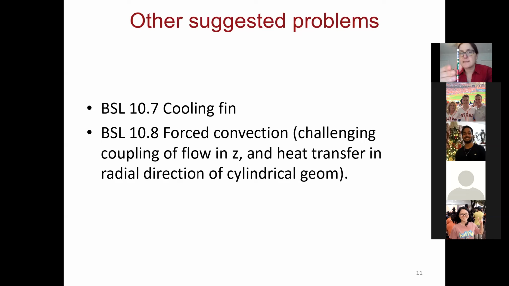So essentially, you will have radial influx of heat, which is in the radial direction, and your flow is in the Z direction. So your velocity is in the Z direction, and then you're going to get coupling in two different directions. That's a slightly more difficult problem to solve without any further simplifications.